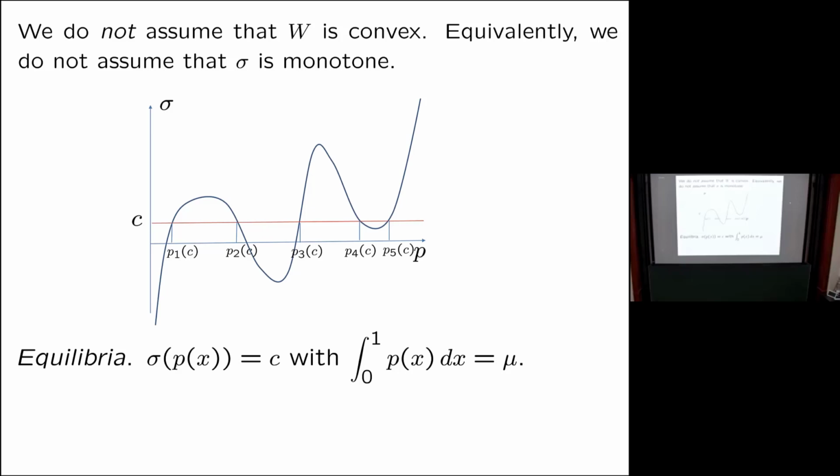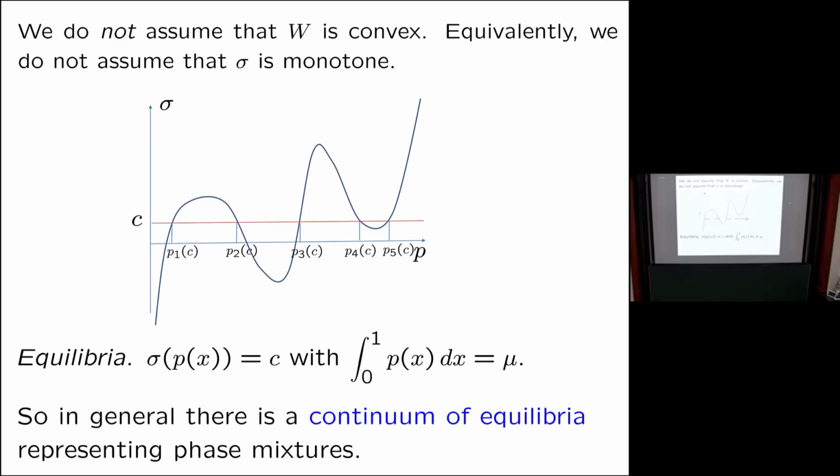And so what that means is that if I take, for example, a value of mu which lies strictly between P1 and P5, then any function that takes these 5 values on different subsets of (0,1), whose union is (0,1), is going to give you an equilibrium solution.